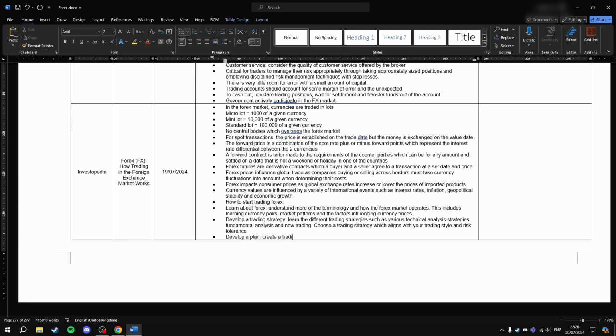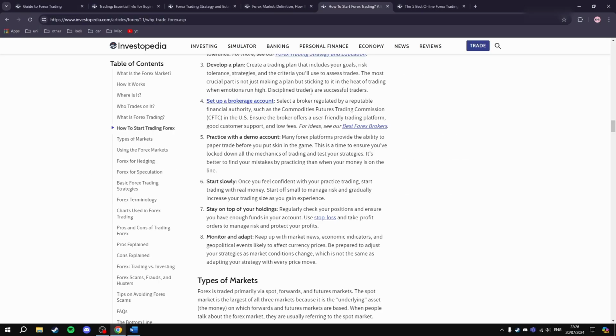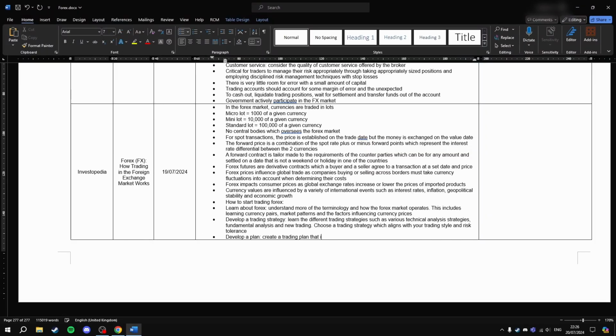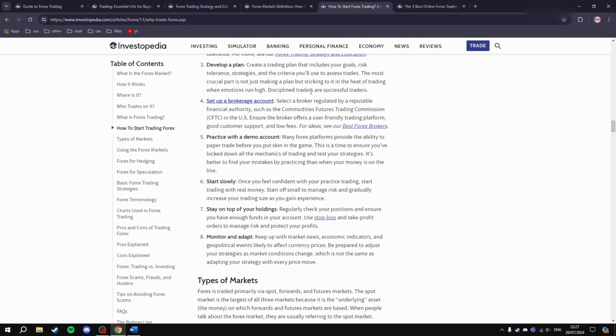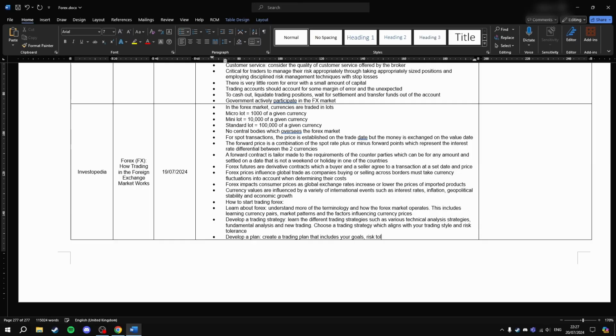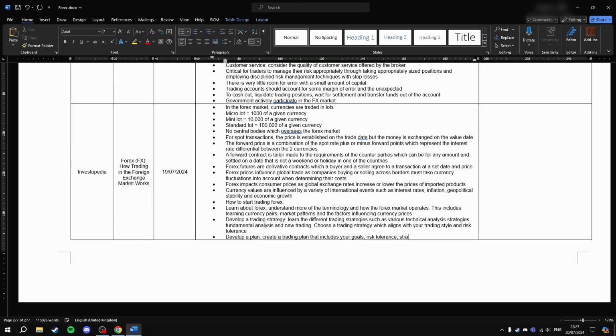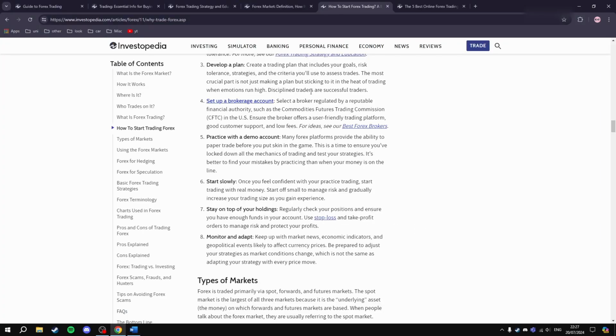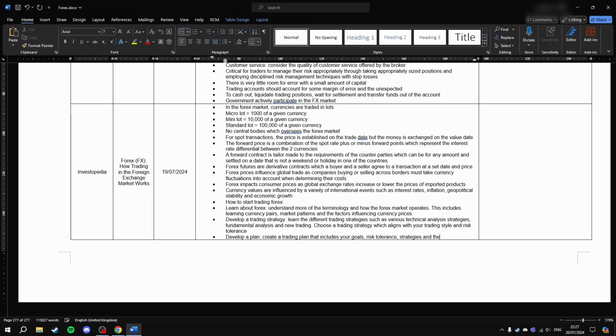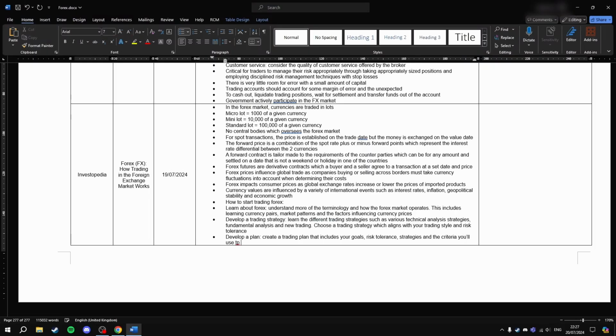Create a trading plan that includes your goals, risk tolerance, strategies, and the criteria you use to assess trades.